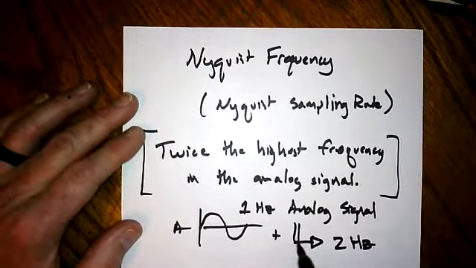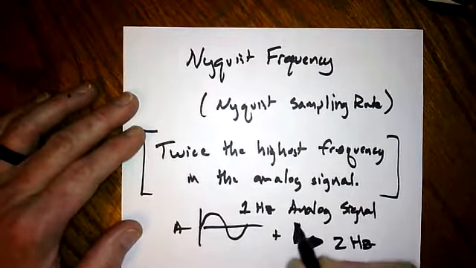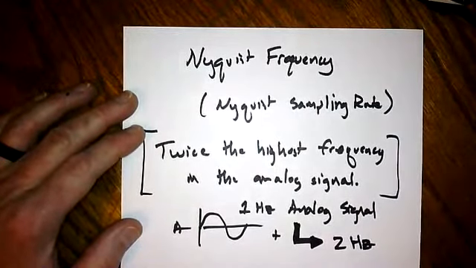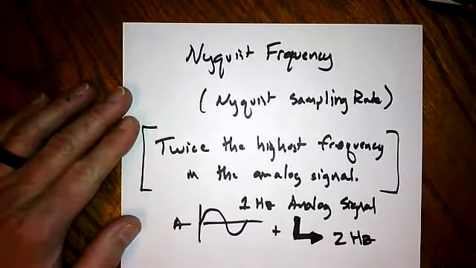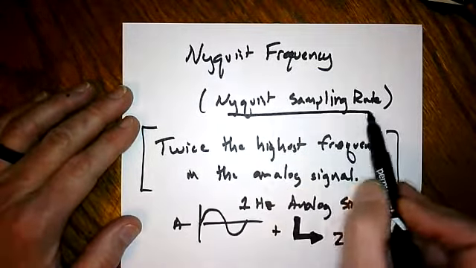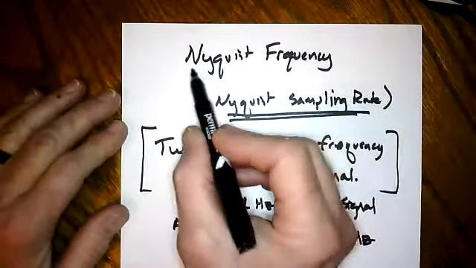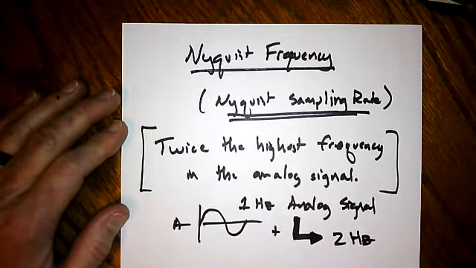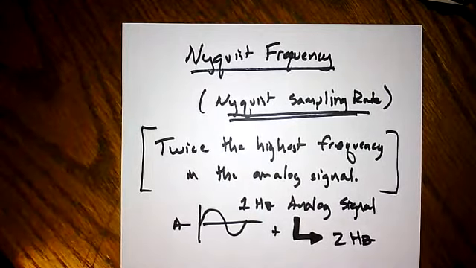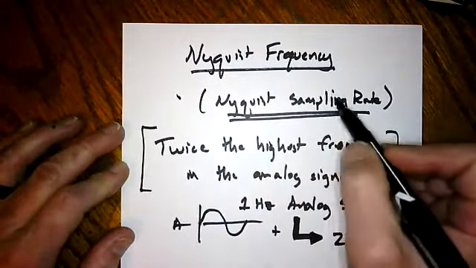The sampling theorem would tell us we need to sample at something greater than 2 hertz in order to reproduce the continuous time function. So that's why I actually don't like this phrase here. When we're in the lab, the Nyquist frequency represents 2 times this frequency. The sampling theorem tells us we need to sample at a rate greater than the Nyquist frequency.